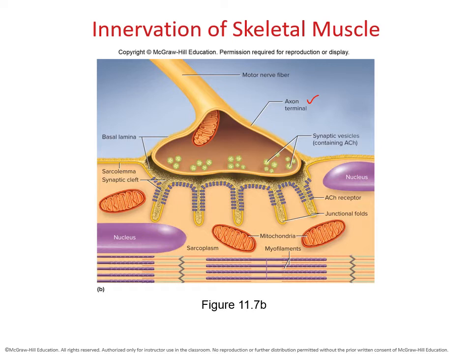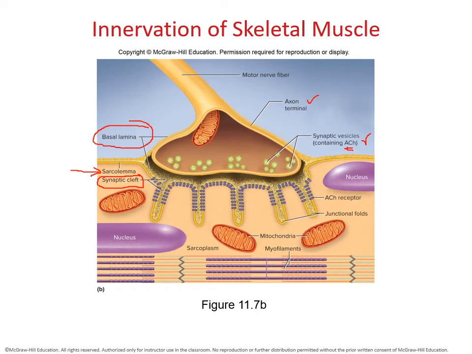Be able to explain that that's where you're going to find your synaptic vesicles full of acetylcholine, that the acetylcholine is going to be released into the synaptic cleft, that the axon terminal and the sarcolemma of the muscle cell do not physically connect to each other. They simply hover over each other. They are protected by the Schwann cell as well as the basal lamina.